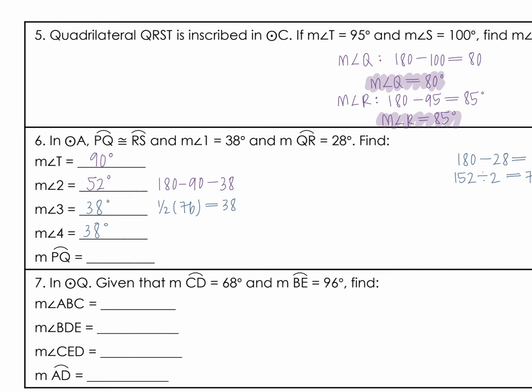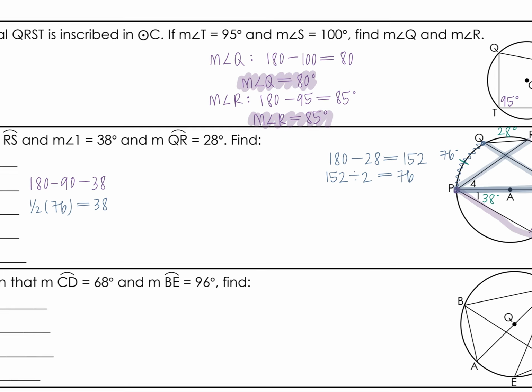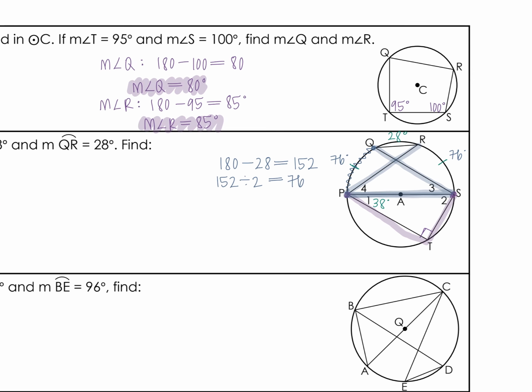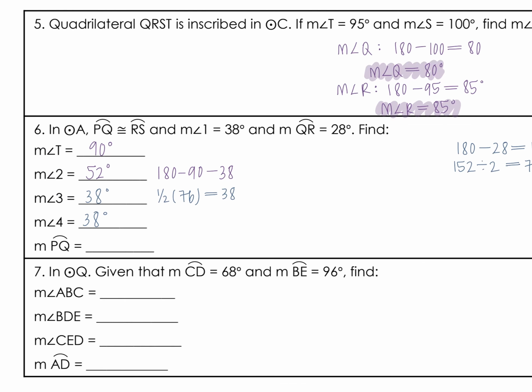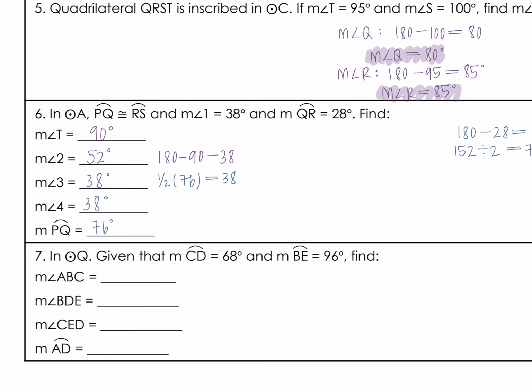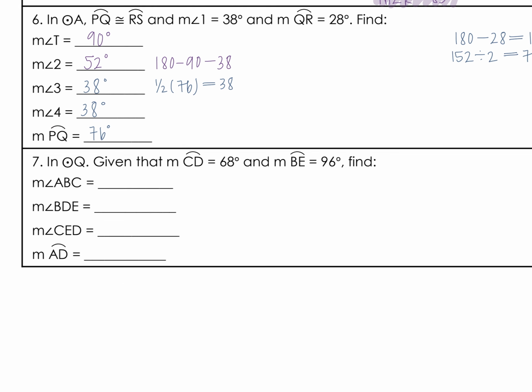All right, the last one for this section, we have the measure of arc PQ. Well, the measure of arc PQ is that 76 degrees that I had found already. So I'm just going to write that for that answer. All right, and now let's move into our last one, number 7.